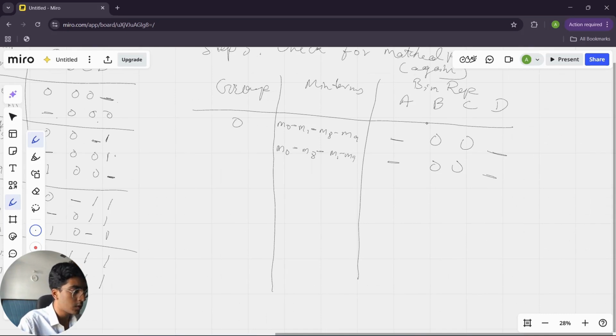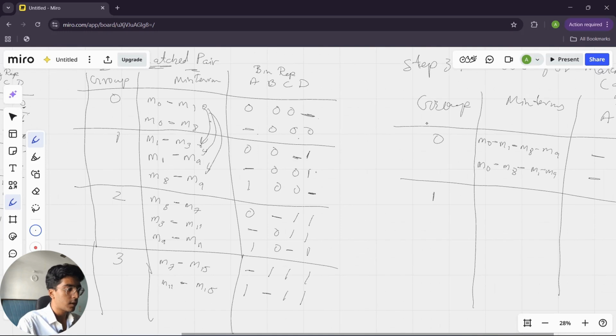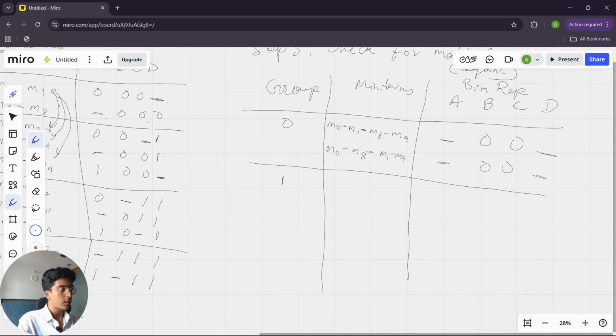Alright, this is group 0 done. Let's move on to group 1. m1 m3 we will compare with m9 and m11. I'll just skip the details to save time and write it down. You can check it later by yourselves.